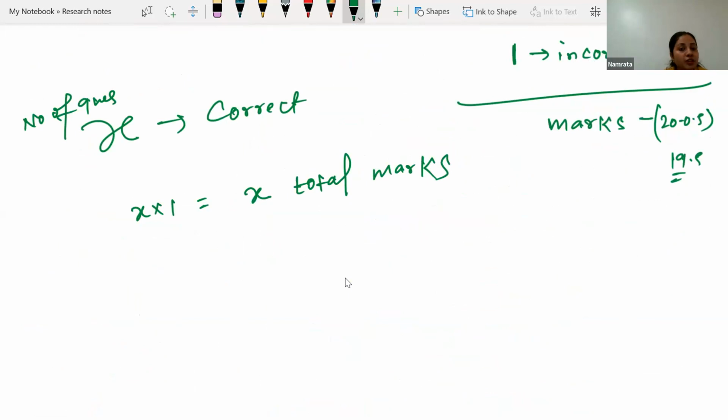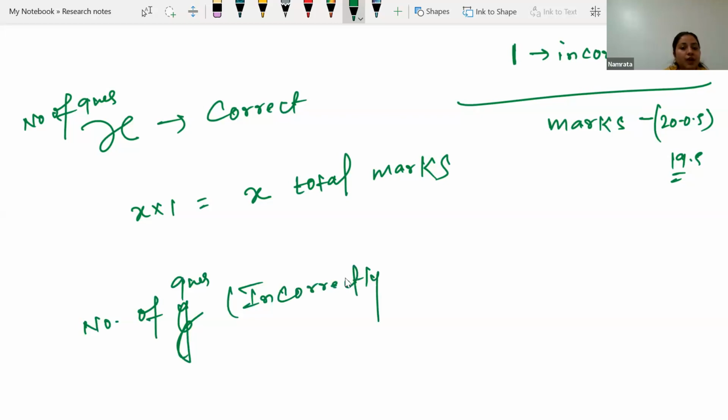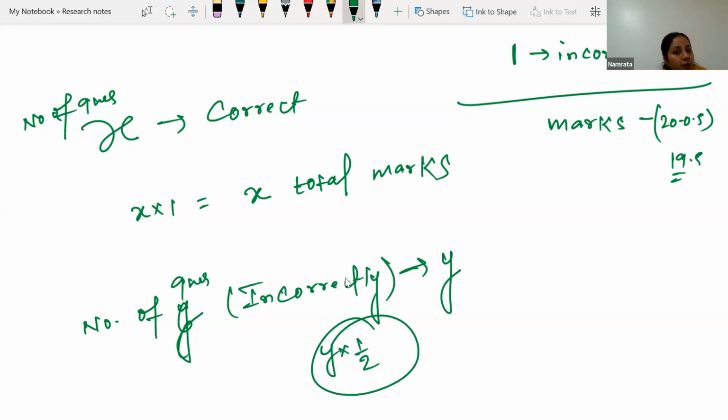Now, if he does y number of questions incorrectly, then y into 1 by 2, this much marks he will end up losing from the obtained marks.